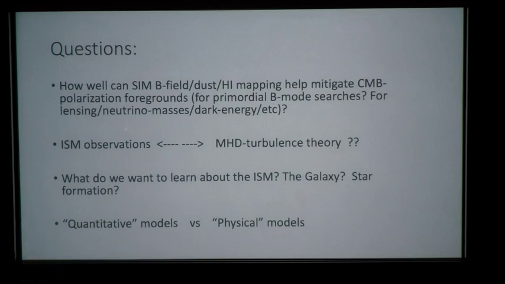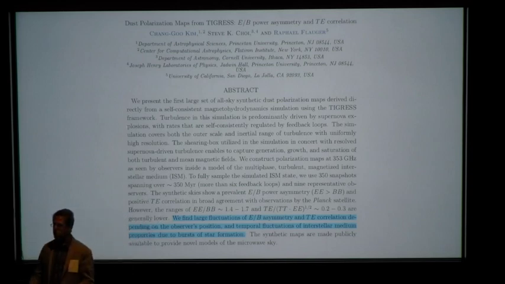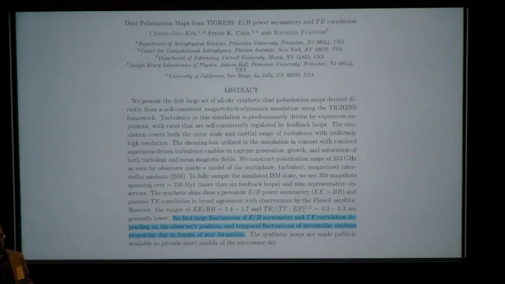I wanted to say one more thing. There was a paper that appeared just a few days ago that is relevant, that I don't think we heard about. This is a paper by Kim, Choi, and Flauger. What they did is they actually simulated, as well as they can, the region of the local galaxy that is responsible for most of the foreground polarization that we see in Planck.